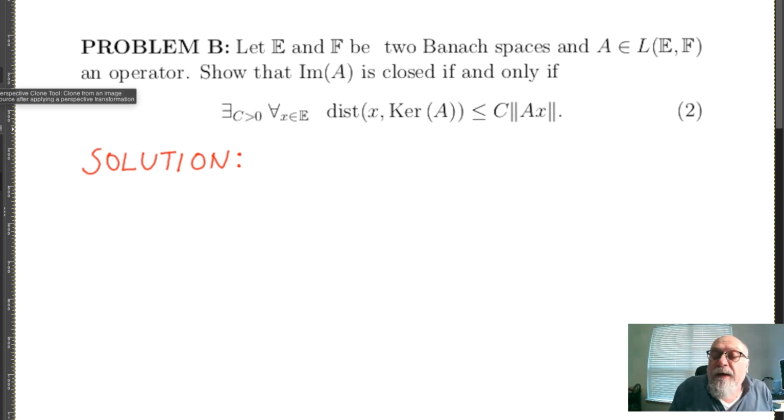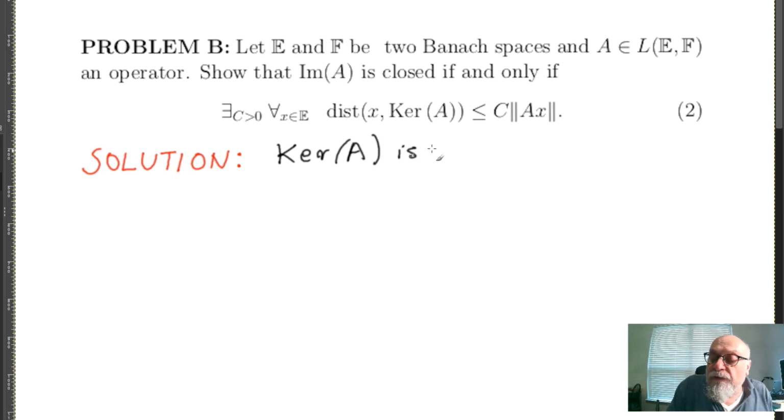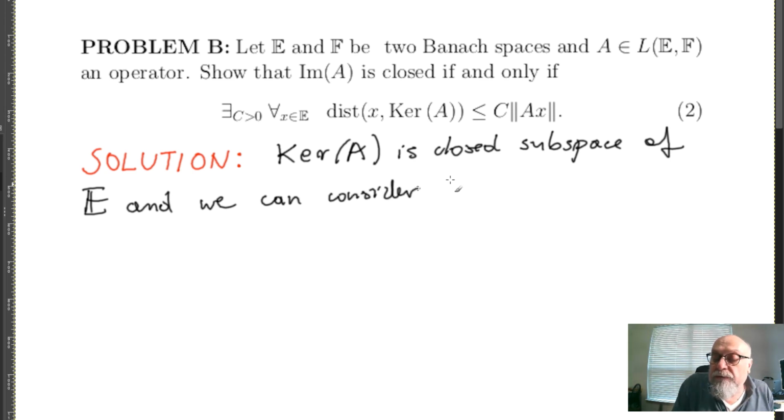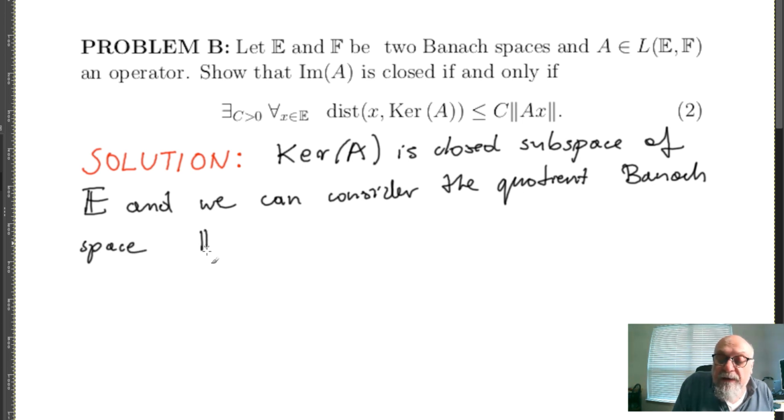So, knowing that A is continuous, we have that the kernel of A is a closed subspace of E. We can consider the so-called quotient Banach space, and we denote it by E naught.